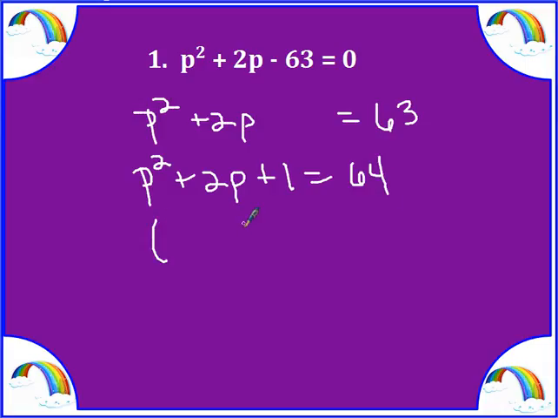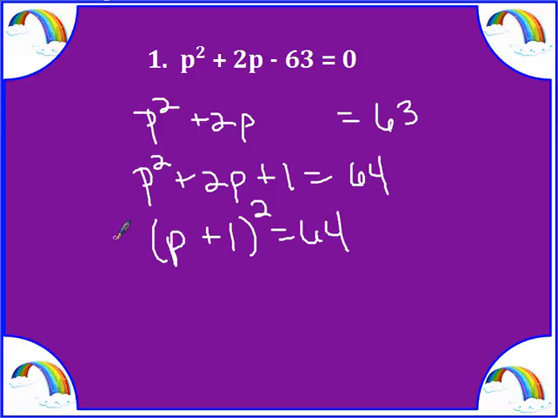Now we're going to factor our perfect trinomial: we factor the p and the 1, and this is positive, so it's positive. And guys, if you were to FOIL out p plus 1 times p plus 1, you would get back this.